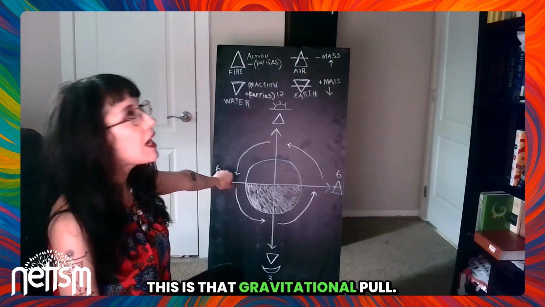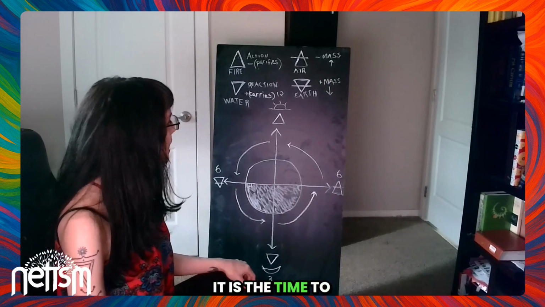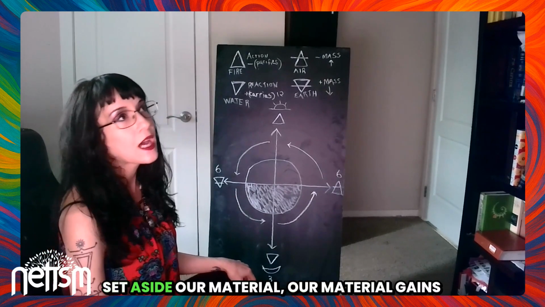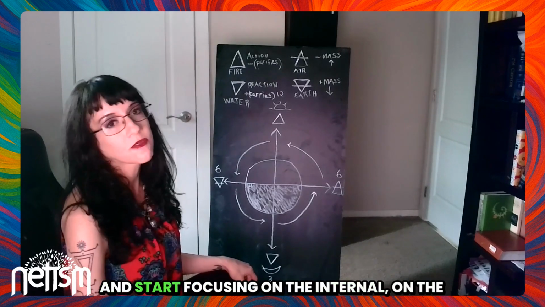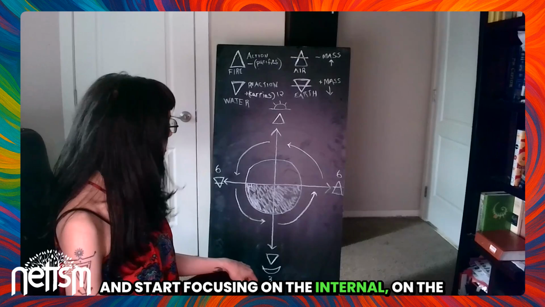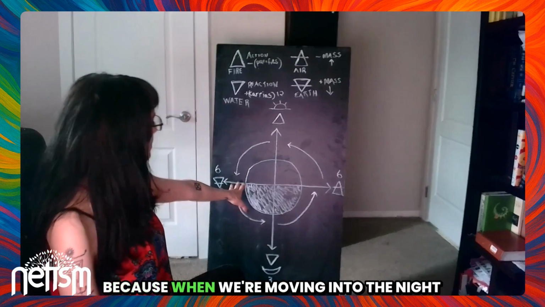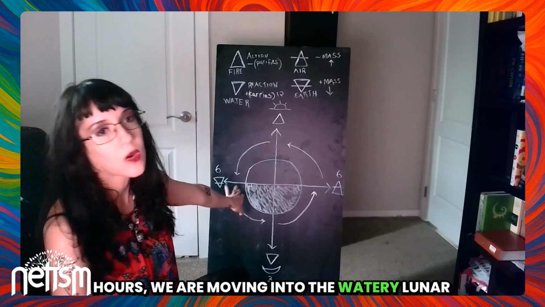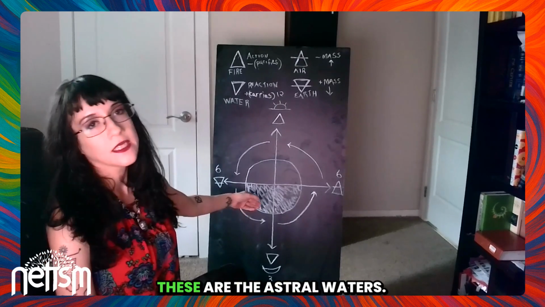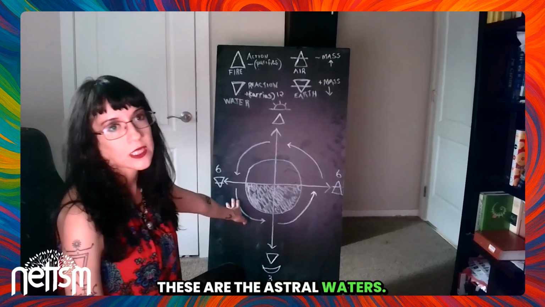This is that gravitational pull. It is the time to set aside our material gains and start focusing on the internal, on the emotions. Because when we're moving into the night hours, we are moving into the watery lunar realms. These are the astral waters.